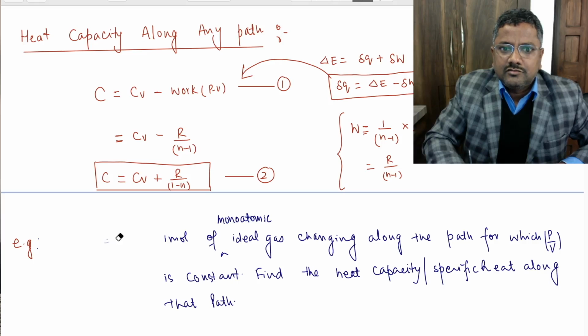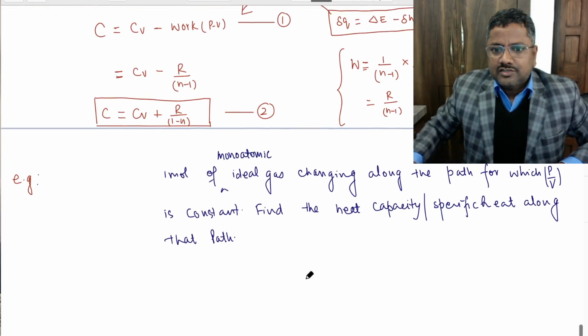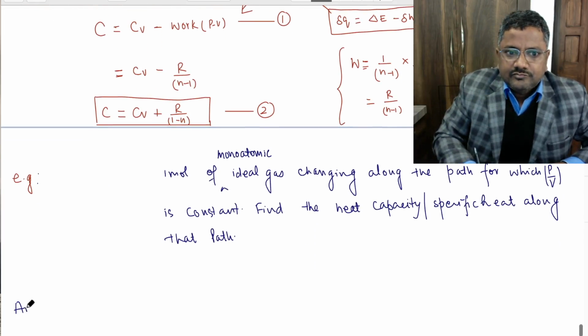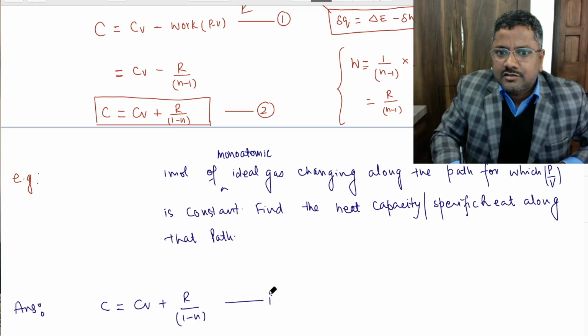So how to solve this question? See, we know heat capacity along any path C is equal to CV plus R by 1 minus n, right?